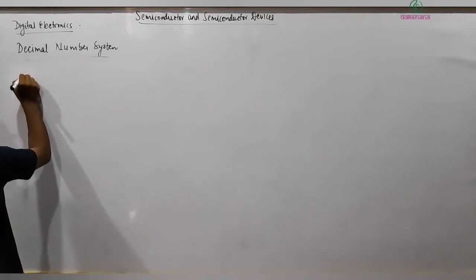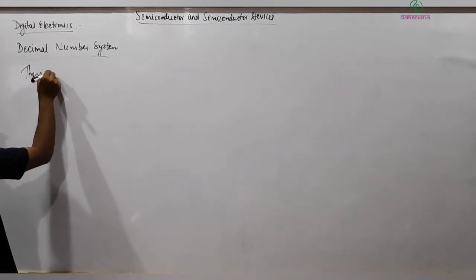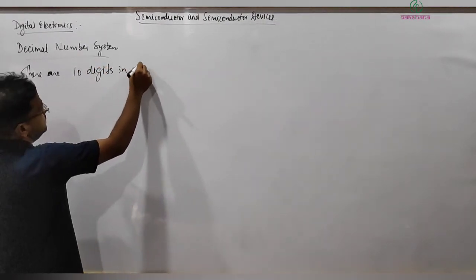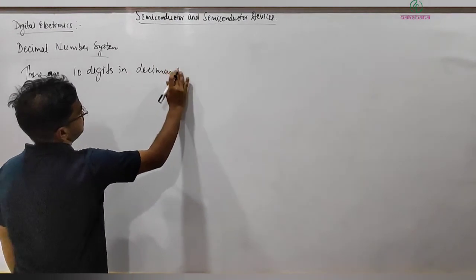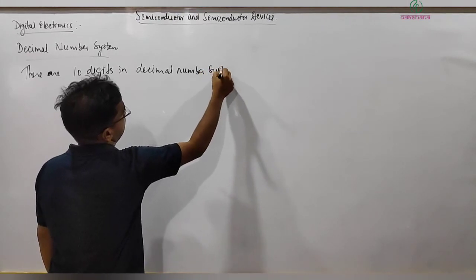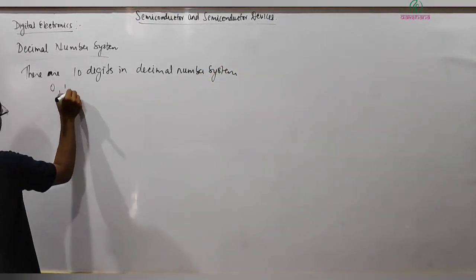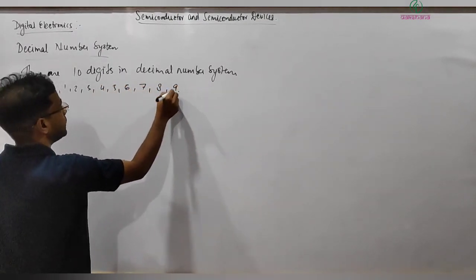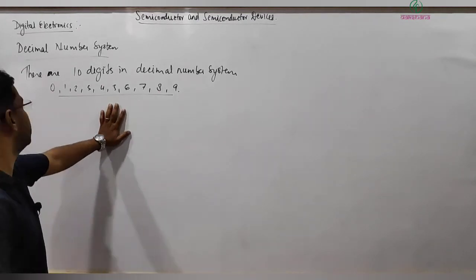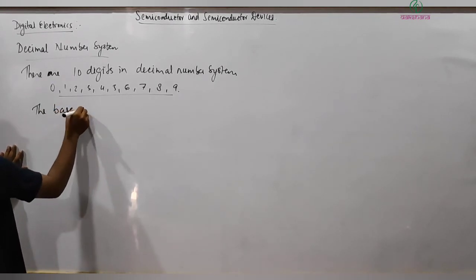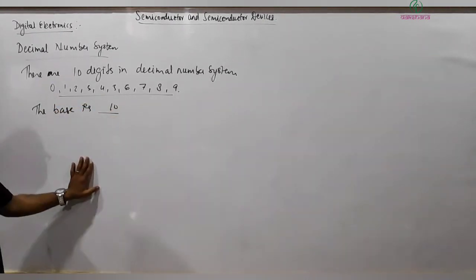In the decimal number system there are 10 digits: 0, 1, 2, 3, 4, 5, 6, 7, 8 and 9. These digits are used in the decimal number system, and the base is 10.